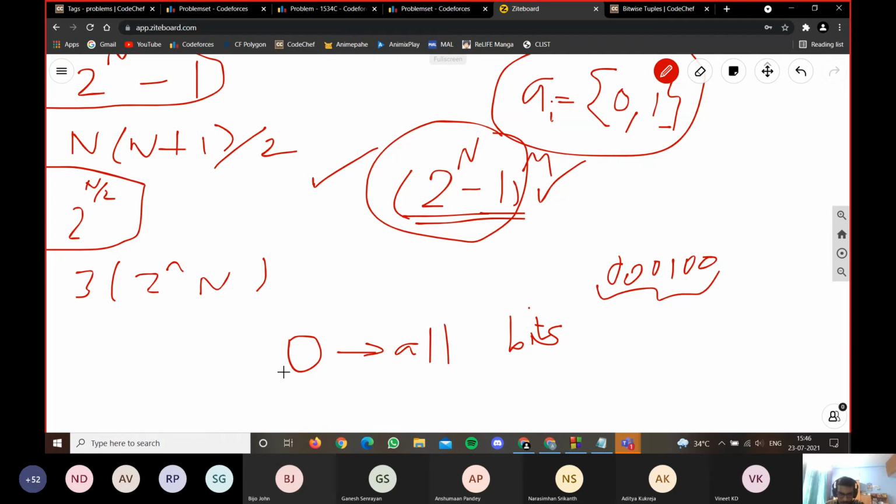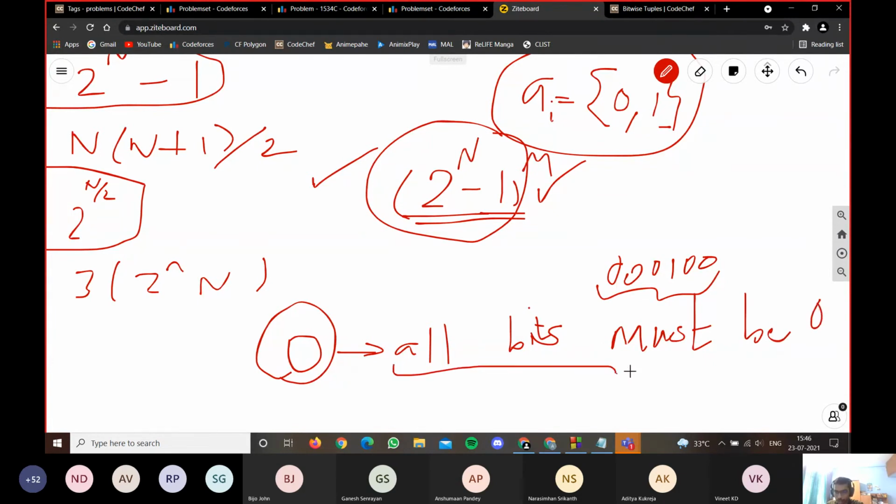If the bitwise AND of all the numbers should be 0, then all bits must be 0. You have to ensure that all of the m bits must be 0. Another answer has come, same thing. Any other answer there? Or is this the right answer? We still don't know if this is the right answer. Any more answers? I guess that's it for now.